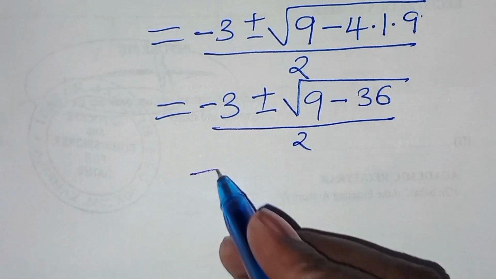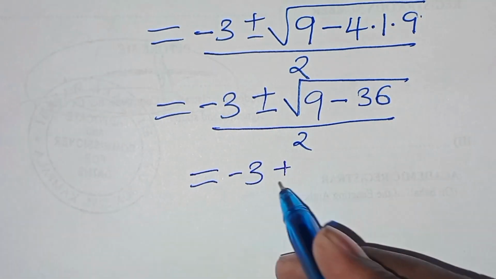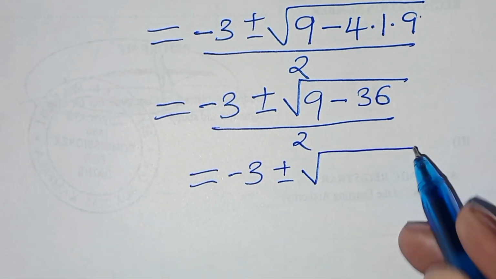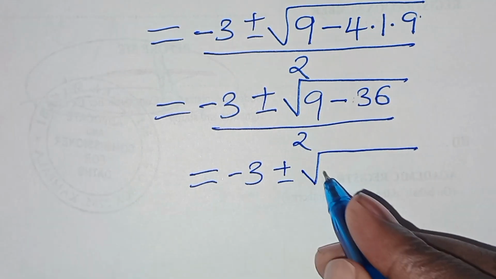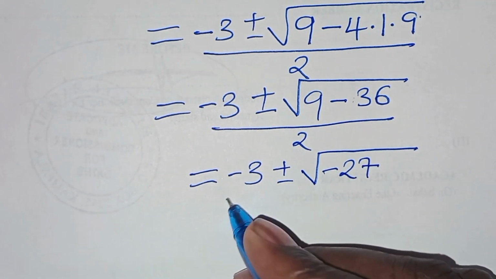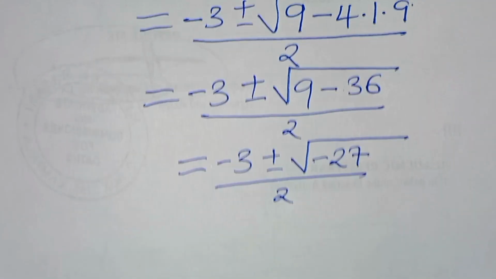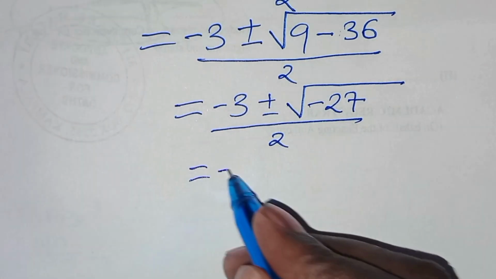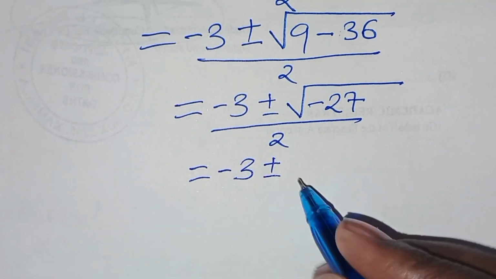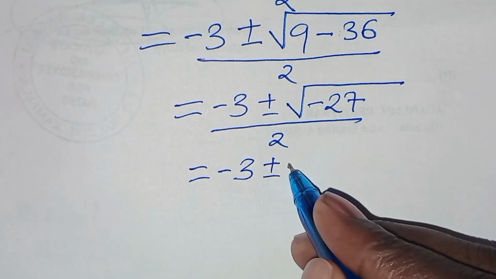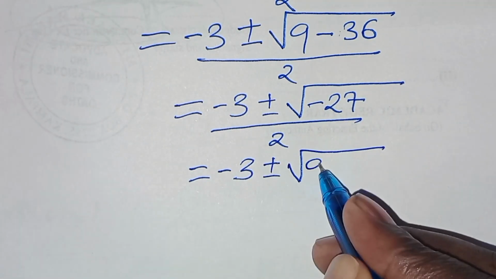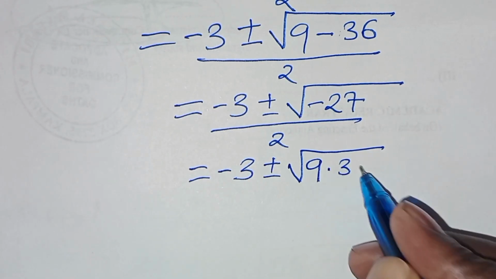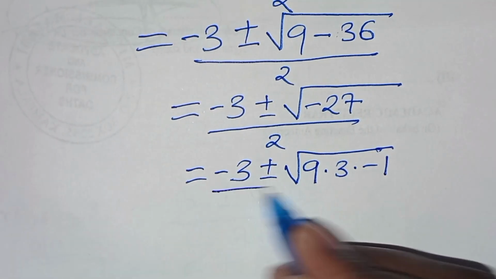So this means that we have minus 3 plus or minus the square root of 9 minus 36, this is minus 27, divided by 2. This can be expressed as 9 times 3 times minus 1.